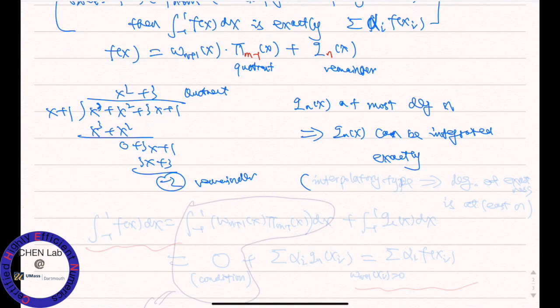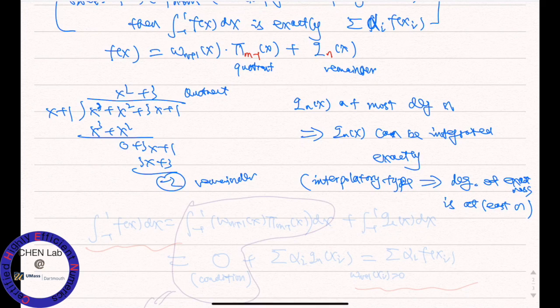Again, if it's interpolatory type, this means that the degree of exactness is at least n, because you reproduce a polynomial.